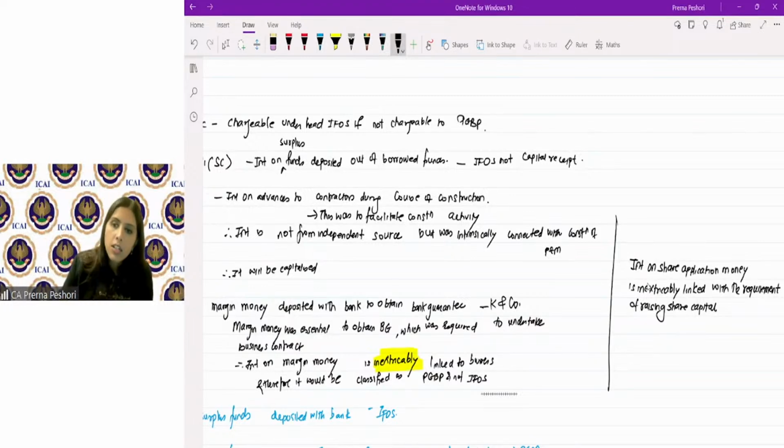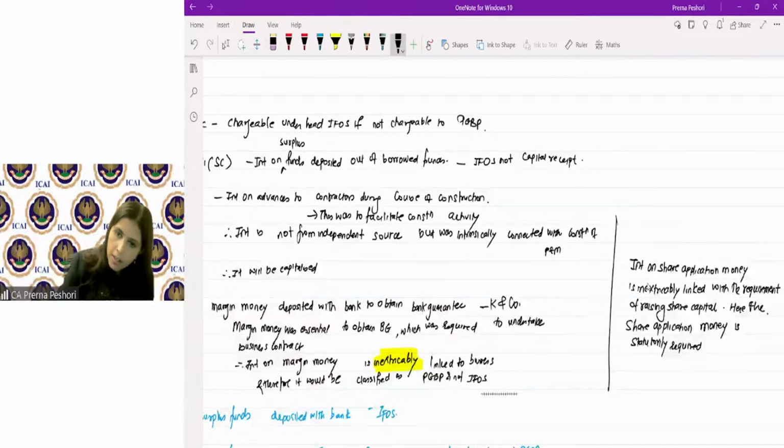But here the share application money is statutorily required to be kept in a separate bank account. Fine, this has to be kept in the bank account as per the statutory requirement. This was not to make the additional income.